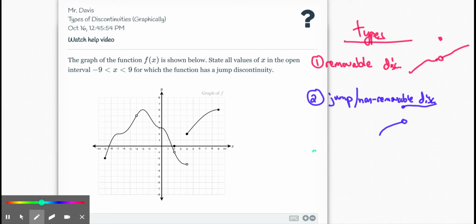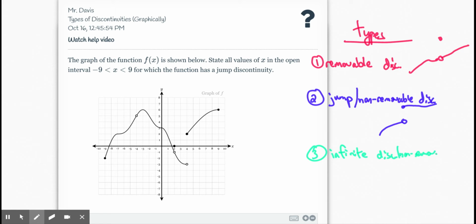The third one is called an infinite discontinuity. It's also non-removable, but it is an infinite one. So an infinite discontinuity is generally the case when we have a vertical asymptote.